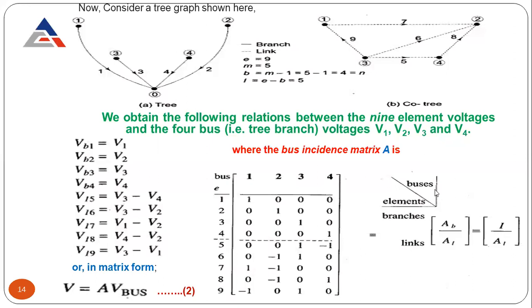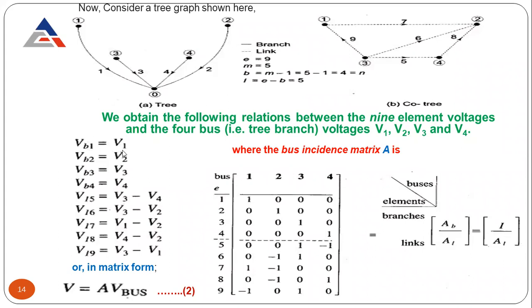Like you see here, element number 1, what is the potential? This one, 0 point, is at the ground potential, and this is at V1.